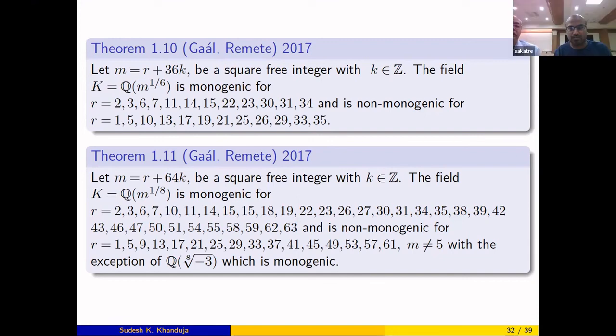Like in Sharkovsky's theorem, R is modulo 36, on period 3, something like that in cycling. Is there some recognizable pattern in the distribution of these R's where they are monogenic and where they are not?